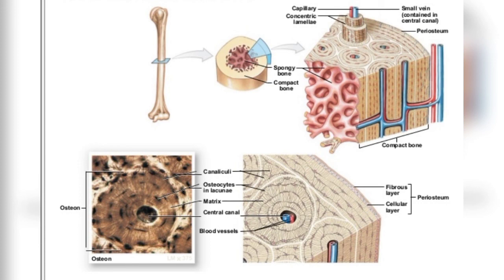It also forms the framework that supports the body, anchors the muscles and supports the main organs. You can see the structure of the bone here, where the matrix is made up of salts, calcium and phosphorus, and also many different proteins.